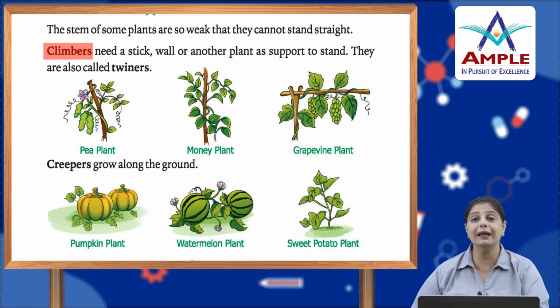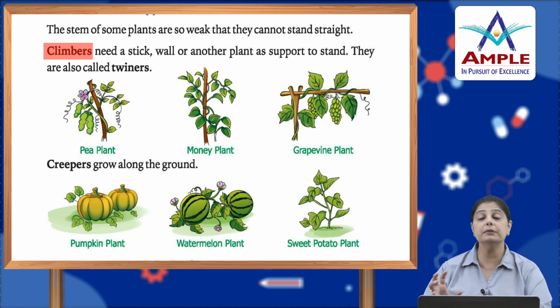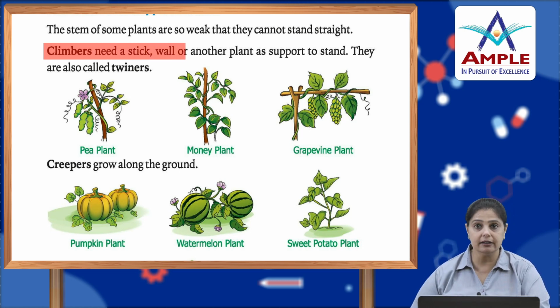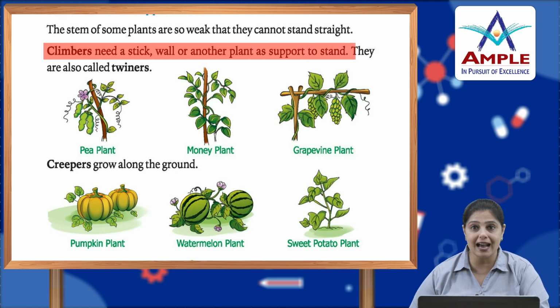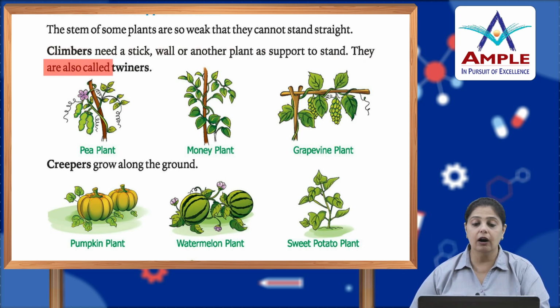Now, what do you understand by climbers? Climbers means something that climbs up, okay, moves up, okay. They need a stick, wall or another plant as support to stand. They are also called twiners, okay.